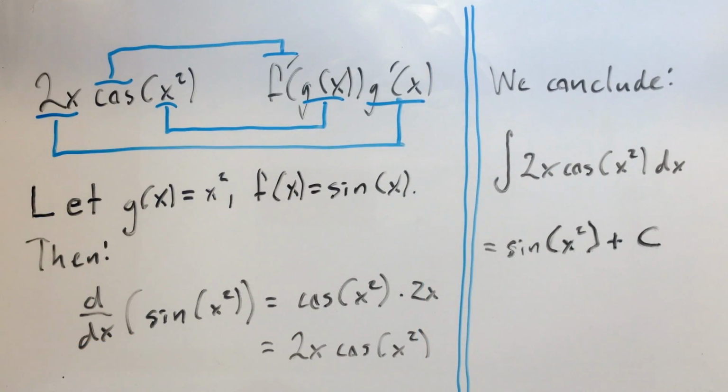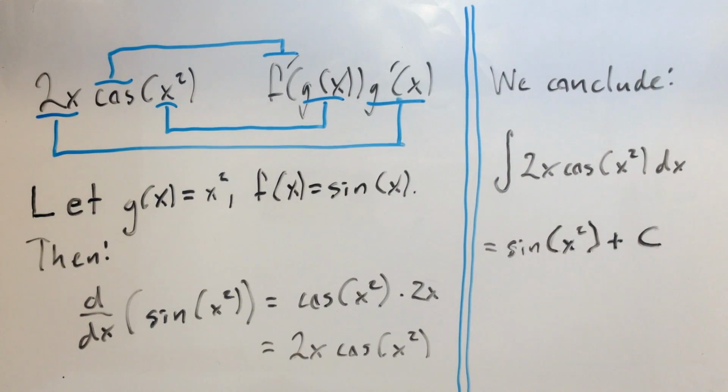Okay, let's follow this line of reasoning that 2x cosine of x squared is a function which is the derivative of some other function where we have to use the chain rule to evaluate the derivative. So if that's the case, let's try to match up pieces of 2x cosine of x squared with pieces of the chain rule.